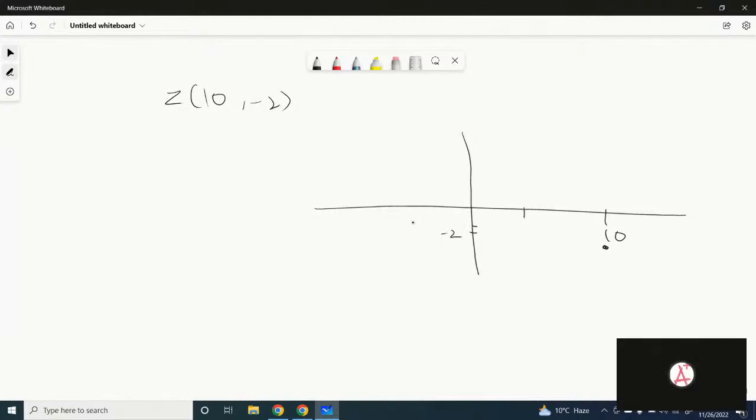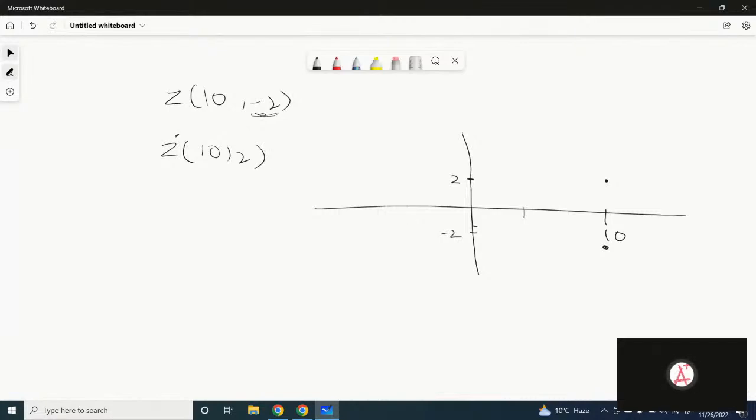You have to reflect. Reflect means if the point is below the x-axis, it will be reflected above the x-axis. It would be here, 10 and 2. So only the value of the y variable is changed. Change means if it is negative, it becomes positive. So here are the coordinates for Z dash.